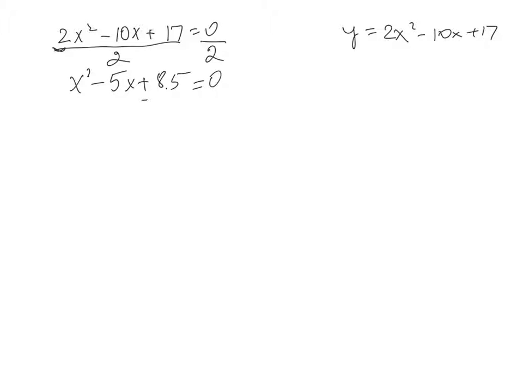First, I want to get rid of this 8.5. And now I have x squared minus 5x plus, I still leave space to complete the perfect square, equals negative 8.5. Instead, I could have subtracted 17 from both sides in the beginning, and then divided by 2 anyway.